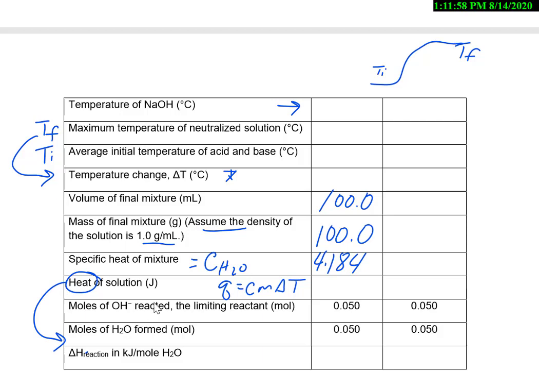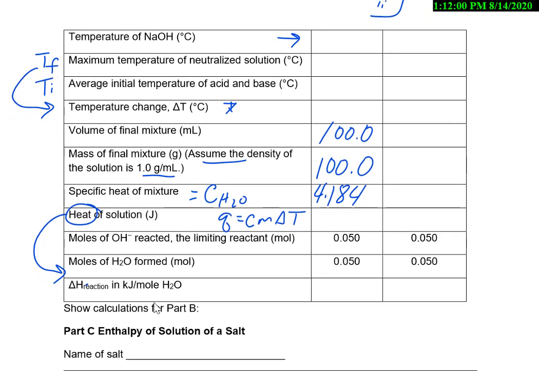So if you look at units, this helps you a lot because we currently are in joules when we're talking heat. What we need to get into is kilojoules per mole of water. So the first step is we're going to take our joules. So we'll take our value from here. That'll be joules. And you'll convert it to kilojoules by dividing by 1,000.